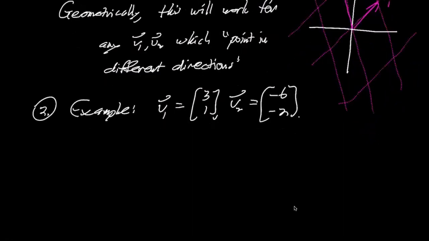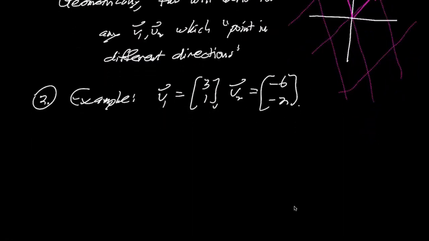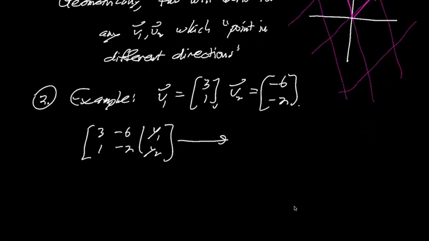If we make our augmented matrix, I'm going to skip all the previous steps because I think you get the idea now. With a generic y1 and y2, it's going to row reduce and you're going to get 1, 0, -2, 0. You're going to get a row of zeros.